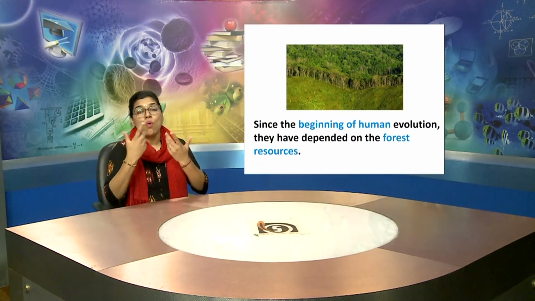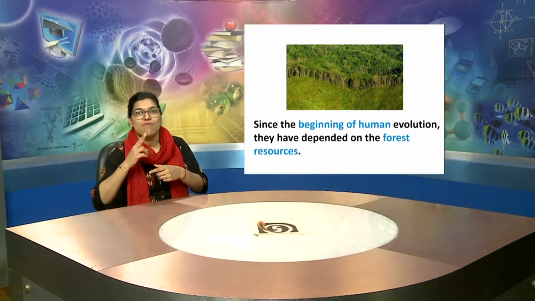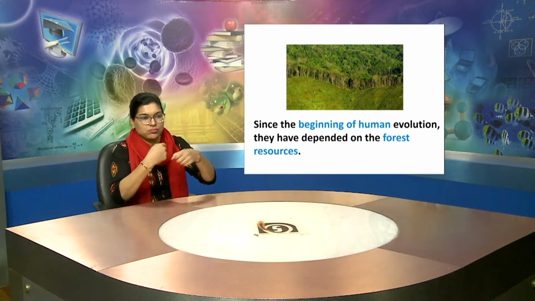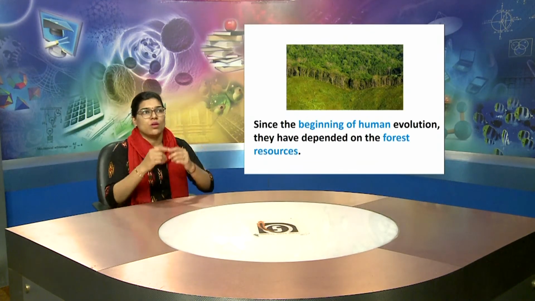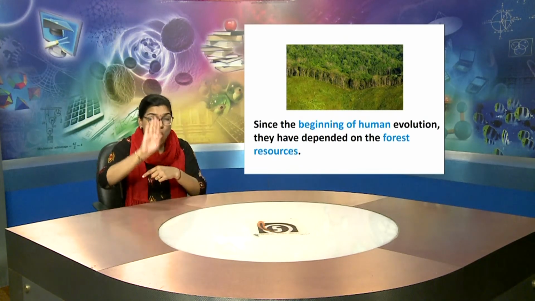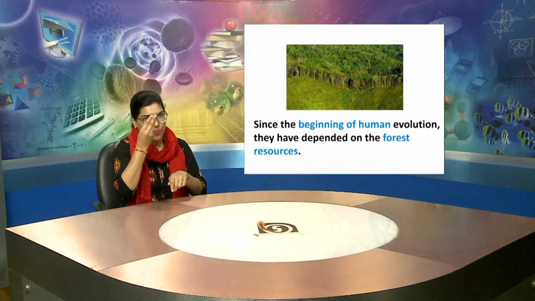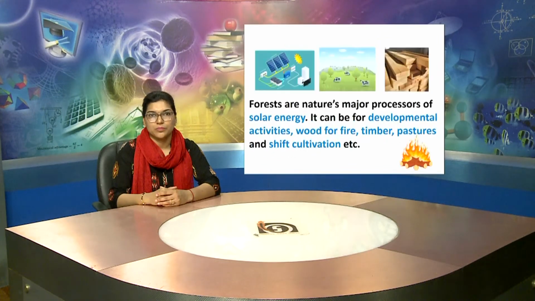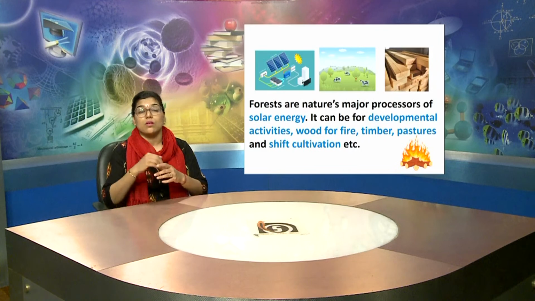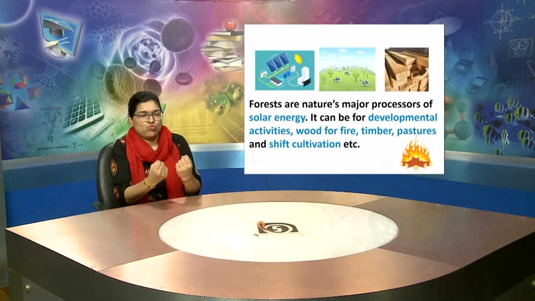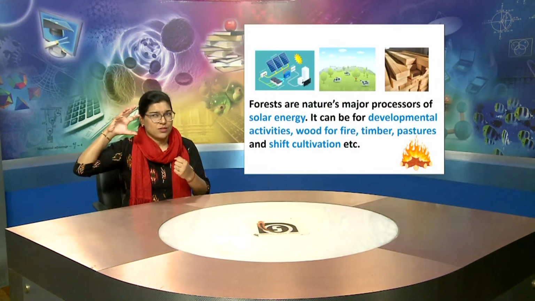The primitive human used to get leaves for covering the body and fruits for fulfilling the need of hunger, and also wood for making fire. All these things humans were getting from the forest only. Forests are nature's major processors of solar energy.